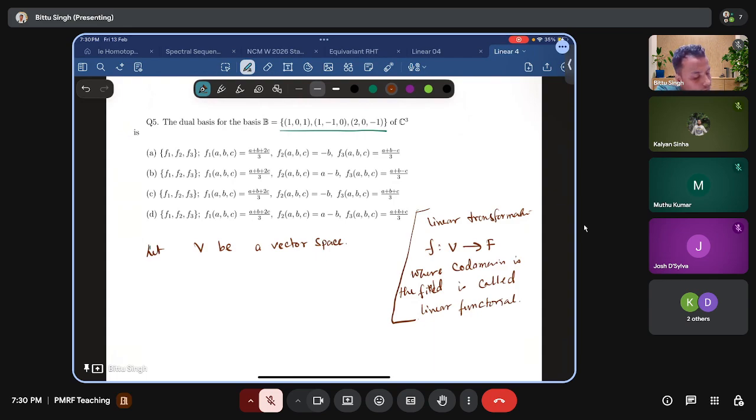So V star, the dual of a vector space, means the vector space of all linear functionals.